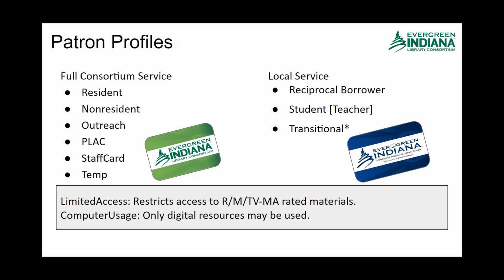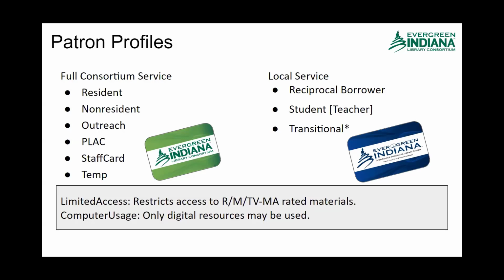Someone with a plaque card, meaning that they have an established home library card, and then they've purchased a plaque card, which is a public library access card, that will give them access to the full consortium benefits as well. I believe that the fee for that this year is still $65.